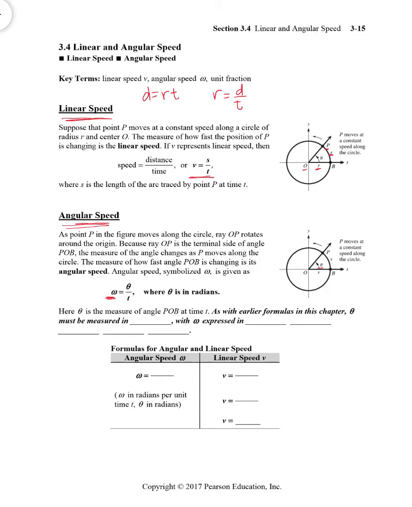Here theta is a measure of the angle POB, so that's this angle here, at time t. And as with earlier formulas in this chapter, theta must be measured in radians. So omega will be expressed in radians per unit of time.